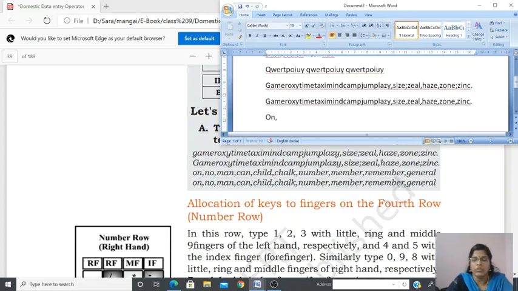Then on, comma, no, comma, man, comma. You may make a mistake, so don't feel bad about it. You have to start typing what is given.